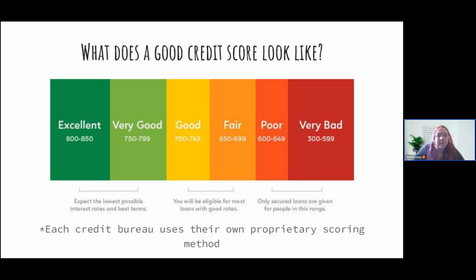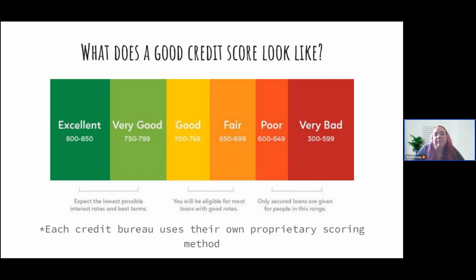So if your credit score is somewhere between 750 and 850, you're in the excellent to very good category. You can expect to be given the lowest terms on your loans, which is good, like a lower interest rate, and generally the better terms there.